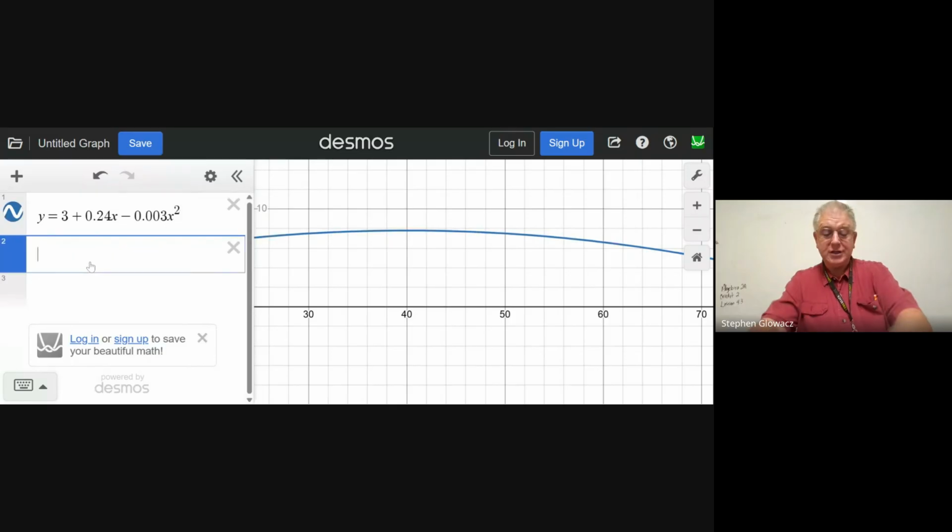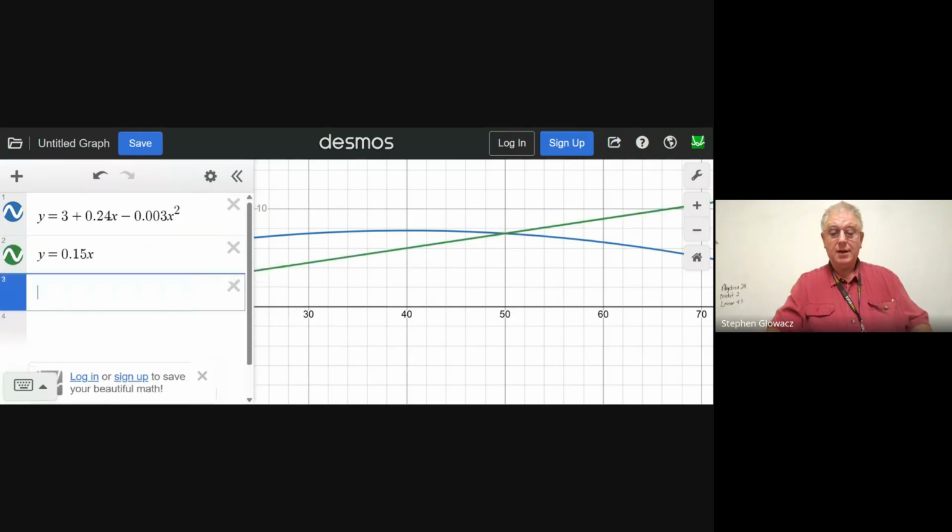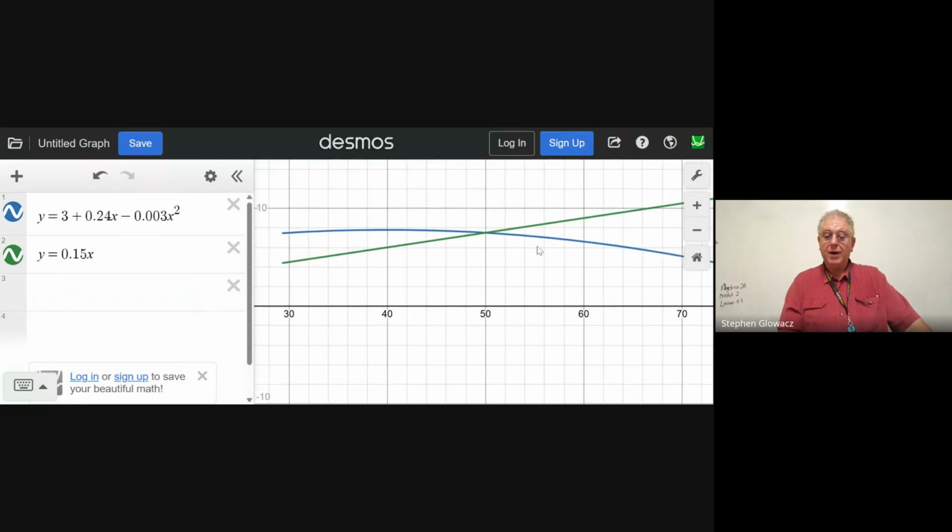The other equation is going to be y equals 0.15x. So we're going to be using the same equation for that one, and that's the slope of the hill, which is going to be the same. It's just the height of the cannonball is going to have a different equation. So you want to enter those two equations into Desmos.